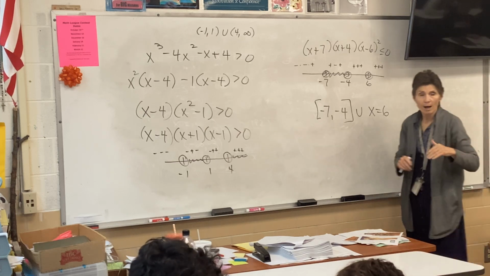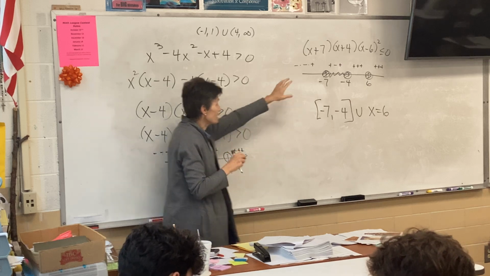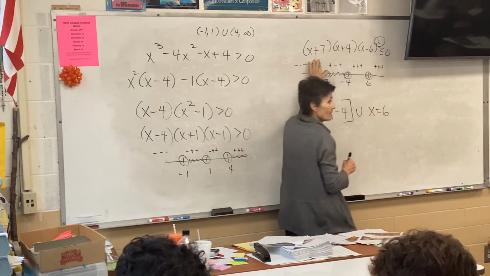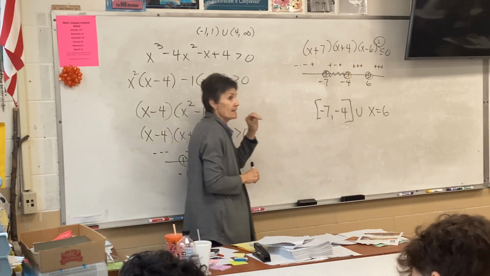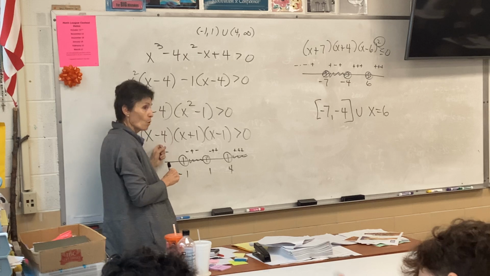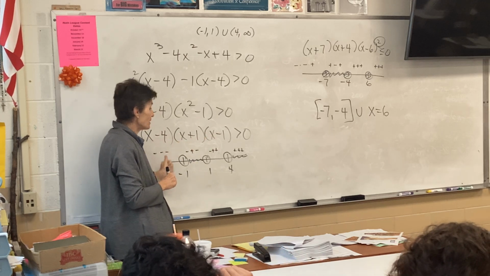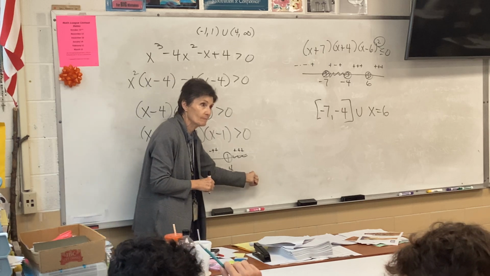The other way we can shorten our work: this is not a normal problem because you had a square, and that messes everything up. But if your problem is normal, then your shading will always alternate.